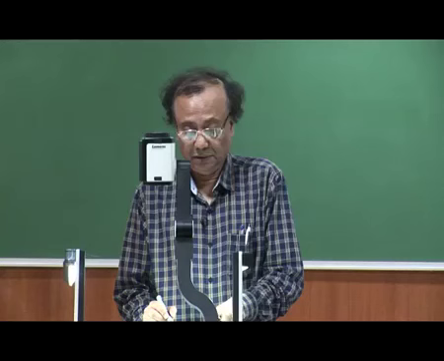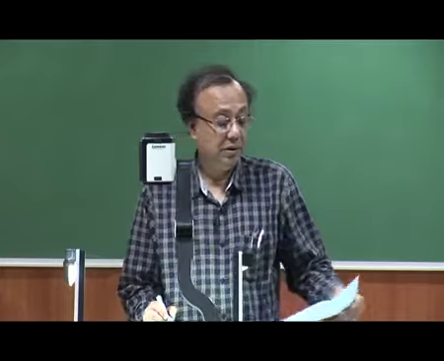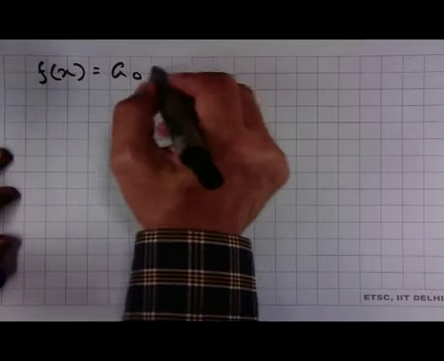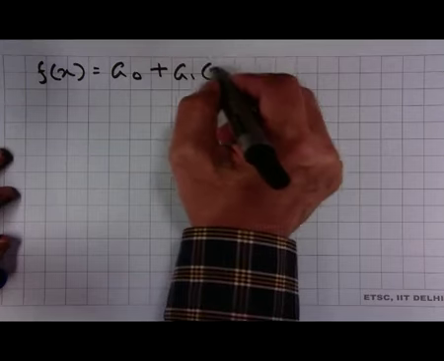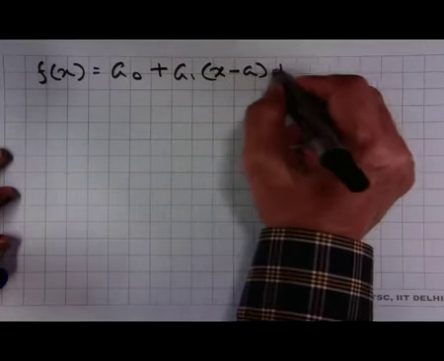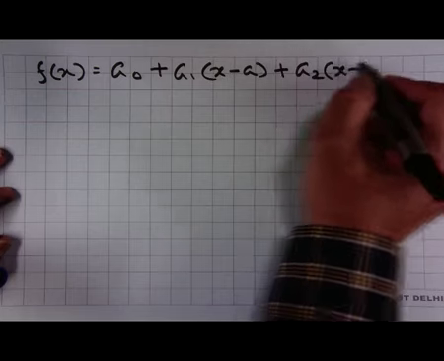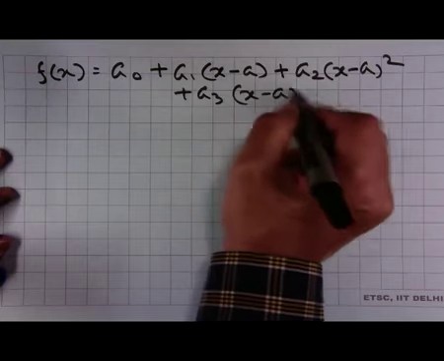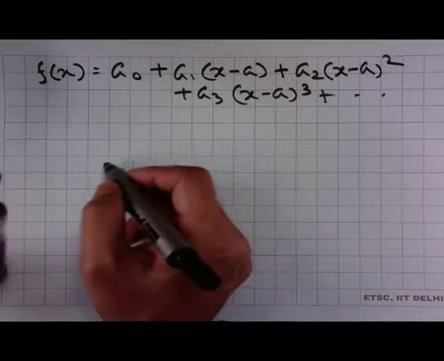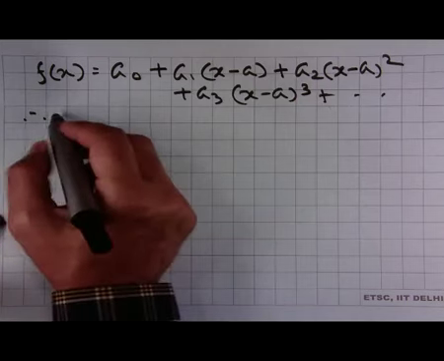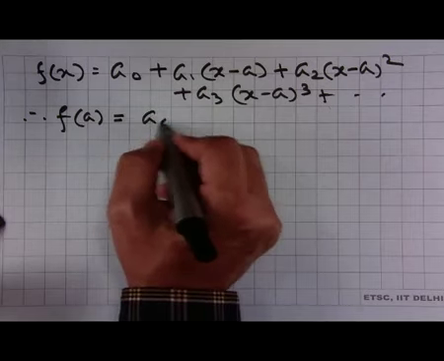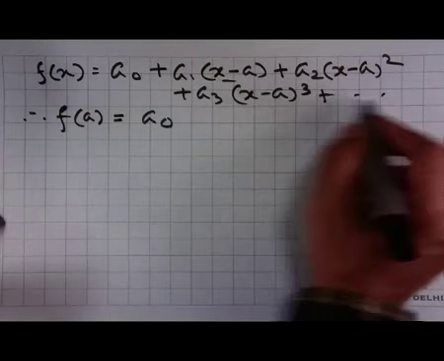So, with this assumption, we shall try to find out the polynomial expansion for f(x). f(x) is equal to, we have assumed, a0 plus a1 into (x minus a) plus a2 into (x minus a) whole square plus a3 into (x minus a) whole cube, etc. Therefore, f at a is equal to a0, because all other terms will become 0.